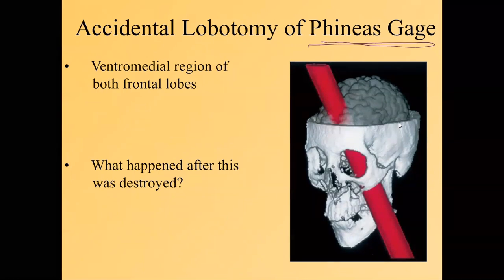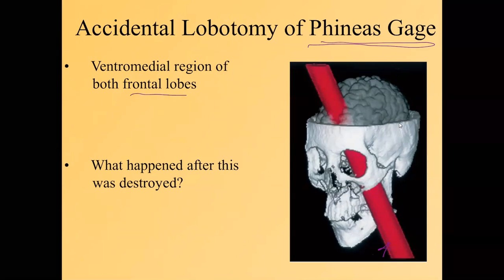Okay, so Phineas Gage was a railroad worker who was a really good employee, worked really hard, knew what he was doing, and they were tamping down dynamite or something, and a crowbar accidentally went through his face and his brain, and it gave him a frontal lobotomy.